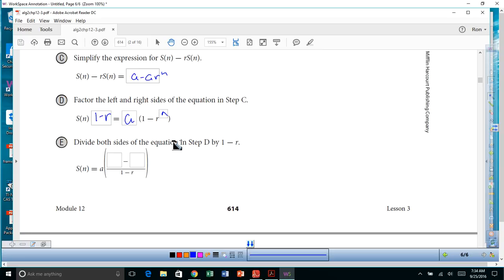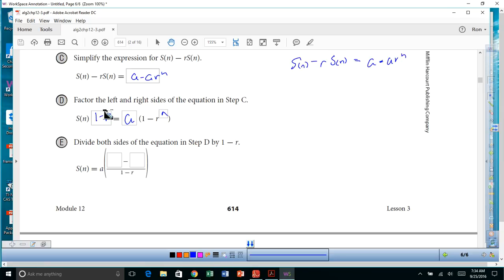Divide both sides of the equation in step D by 1 minus r. So we're just moving this over here. S of n minus r times s of n equals a minus ar to the n.